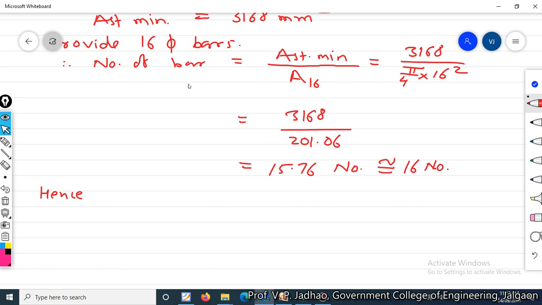Okay, because the main AST steel requirement is within the range of your negative bending moment only.